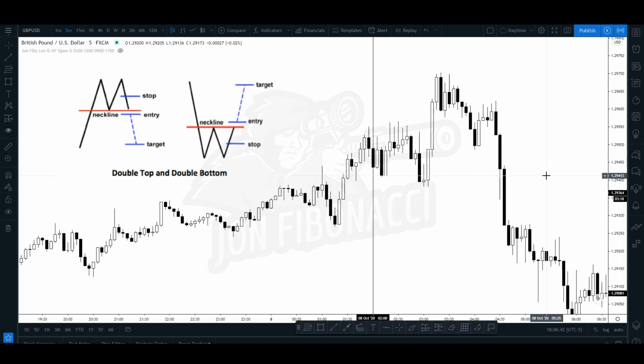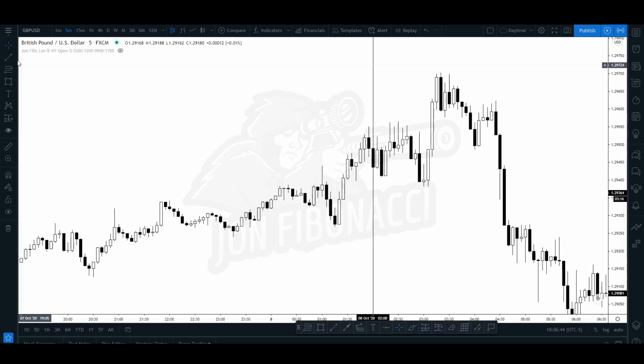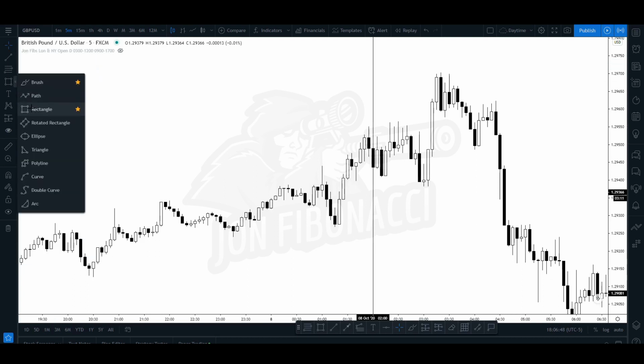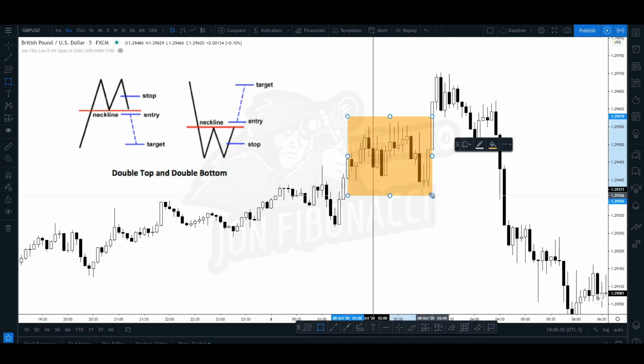I'm not going to get too deep into the specifics, but in this scenario, what I just showed you is in a way a double top, right? And why would I say that?